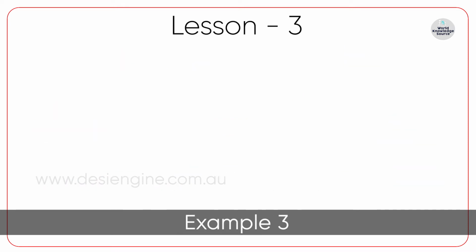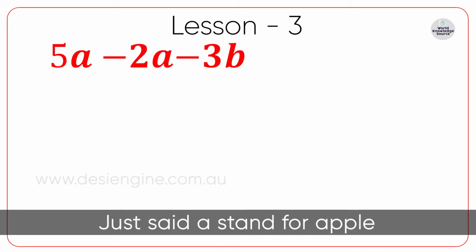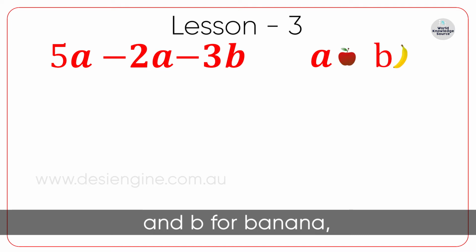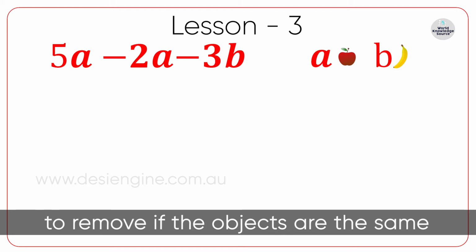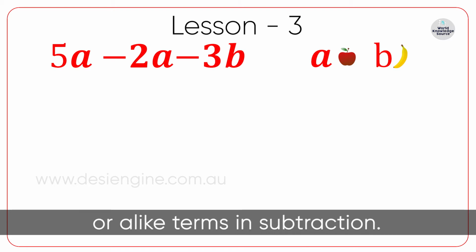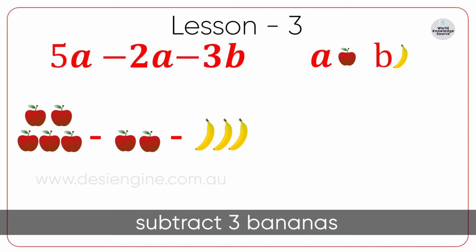Example 3. 5a subtract 2a subtract 3b. Just say a stands for apple and b for banana. Remember, in subtraction you can only remove if the objects are the same, or alike terms. Then, we have 5 apples, subtract 2 apples, subtract 3 bananas.